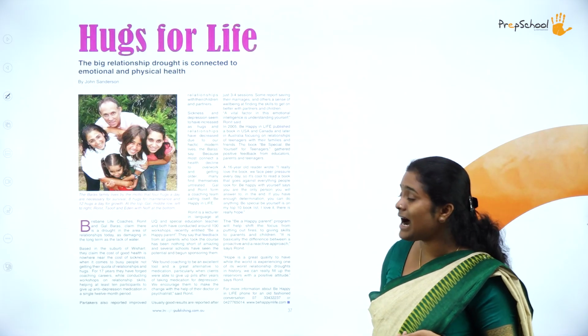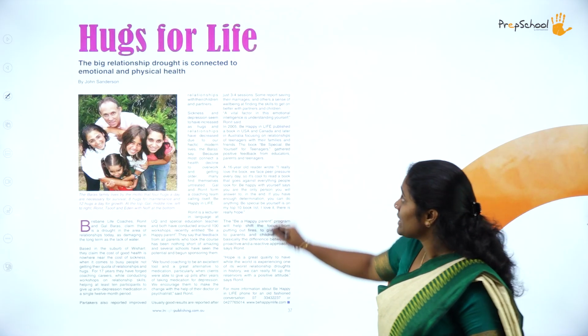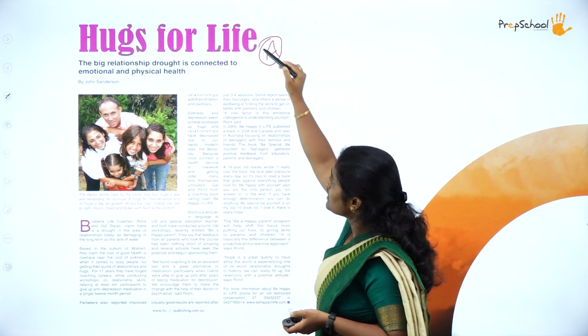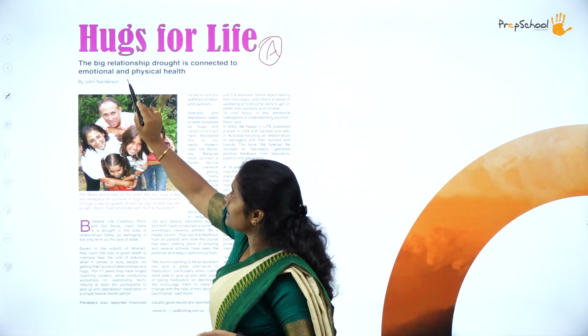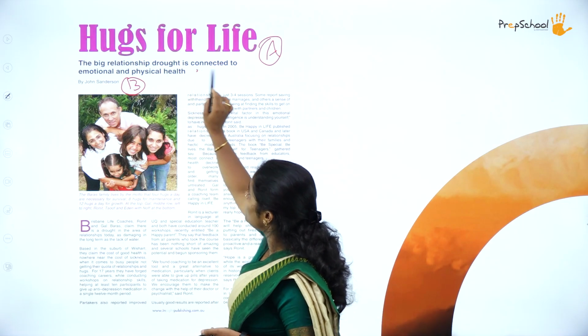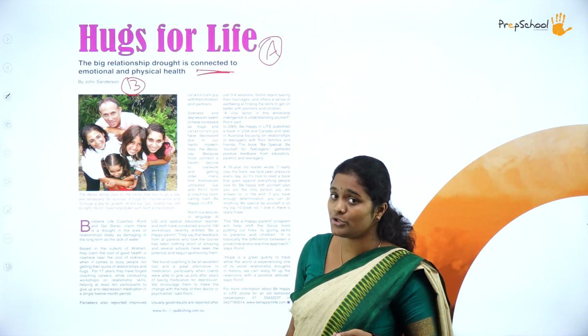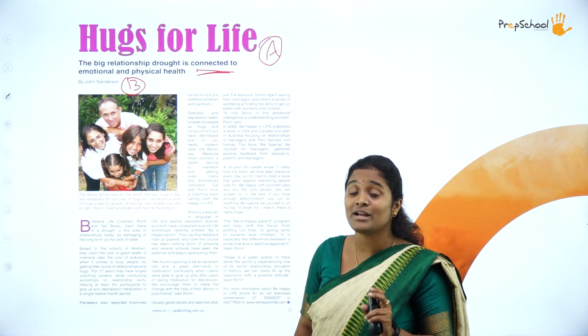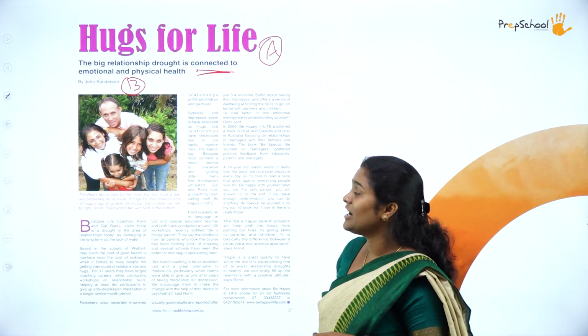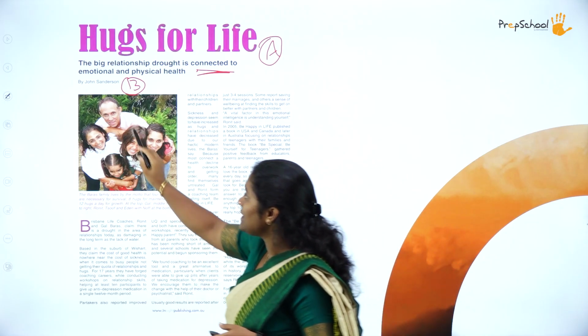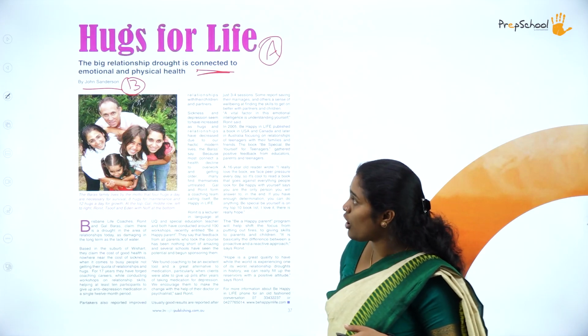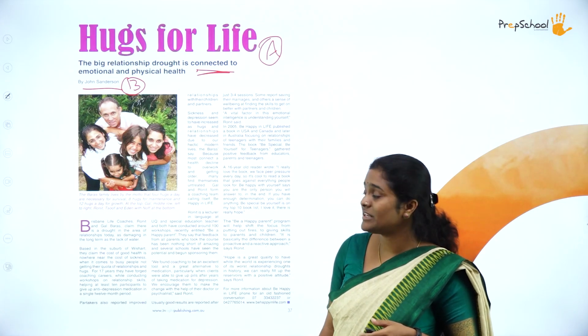Coming back to the article, your article looks like this. There is a title, of course, and then a byline as to who has written it. There's also a little subtitle given in this newspaper article that can be included. However, your board does not demand it. The byline by John Sanderson has been given.